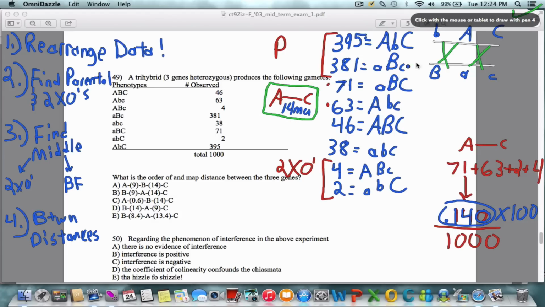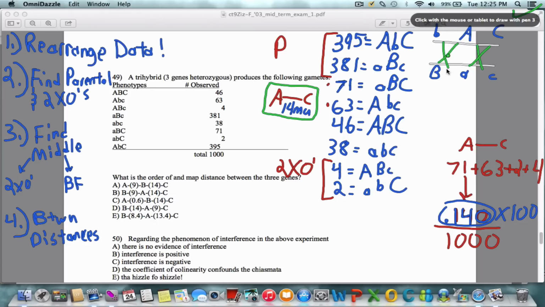Just by process of elimination, I know that the next one is between B and A, but I want to make sure that I've done this right, so I'm going to follow along with my data. So B and A: the parental is big A, little b, the parental is little a and big B. And then down here, this is a big A and a big B. This is a little a and a little b.